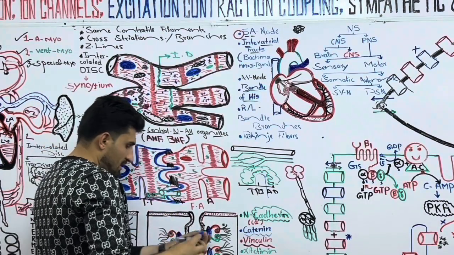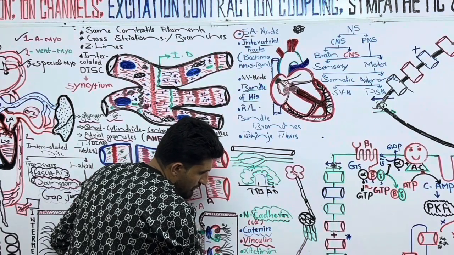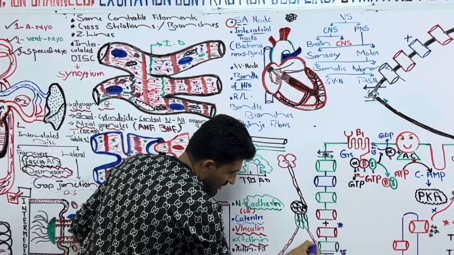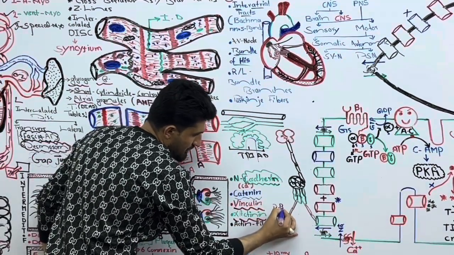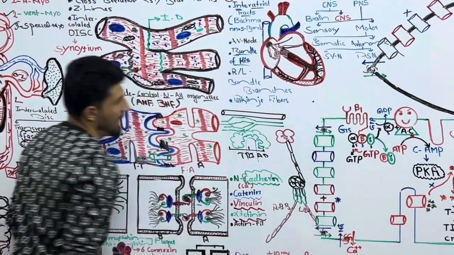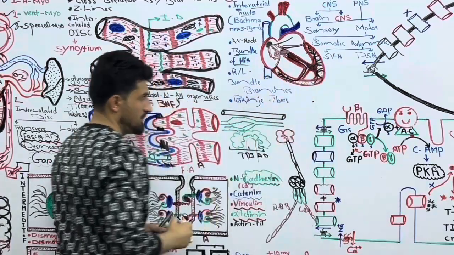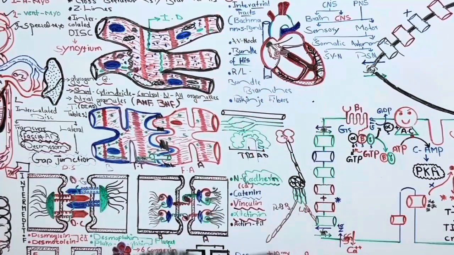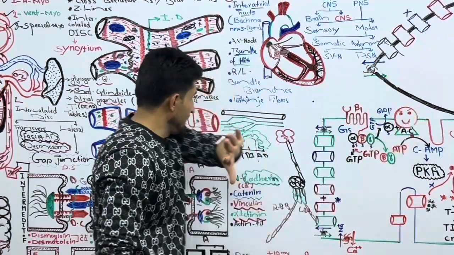After the bundle of His, two bundles emerge, right and left. This one is called the right bundle branch, and this one is called the left bundle branch. The left bundle branch gives two more branches, the anterior and posterior hemifascicles.